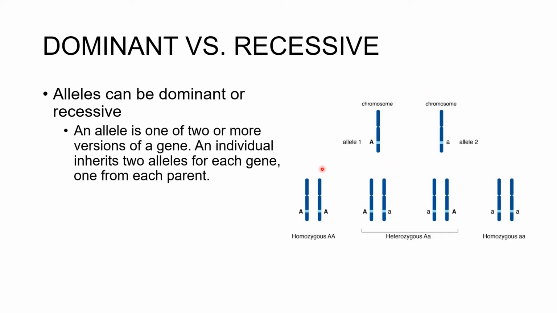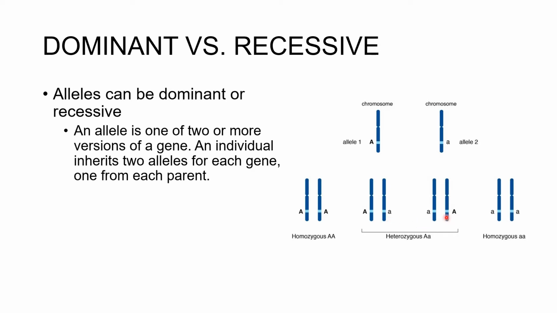So, ito yung mga pwedeng kalalabasan ng mga allele or yung gene ninyo. Pwedeng ganito, pwedeng ganito, and then pwedeng ganito. So bakit nga ba magkakaiba yung may capital letter, may small letter?